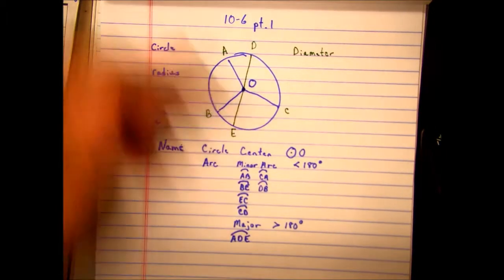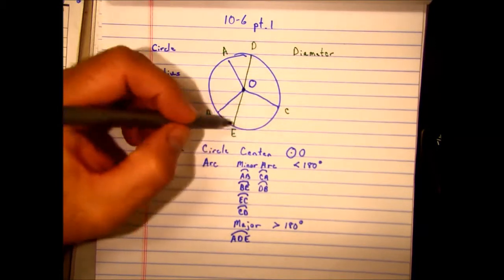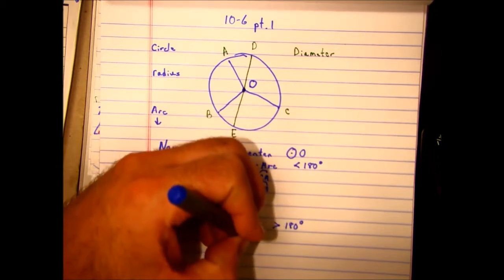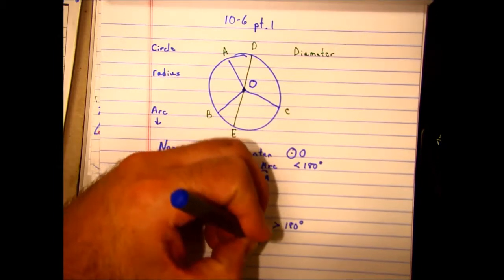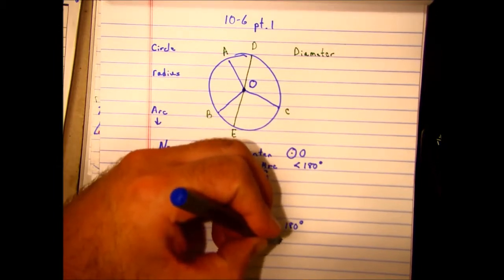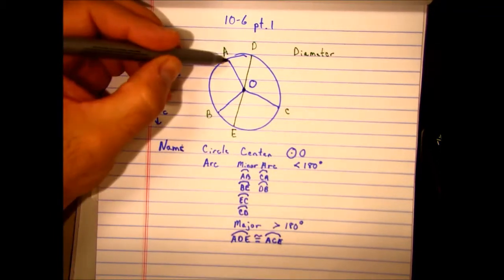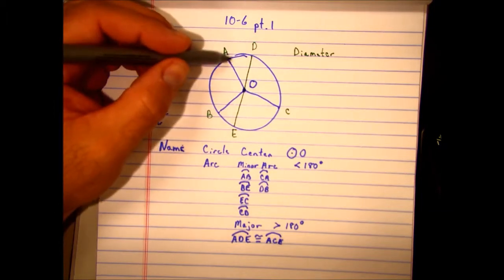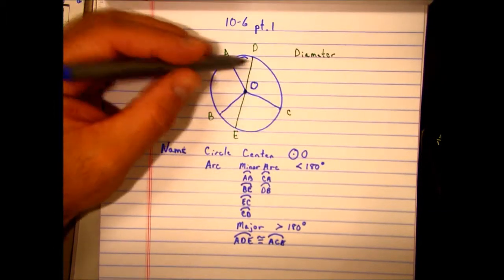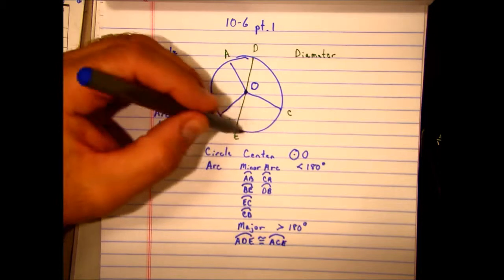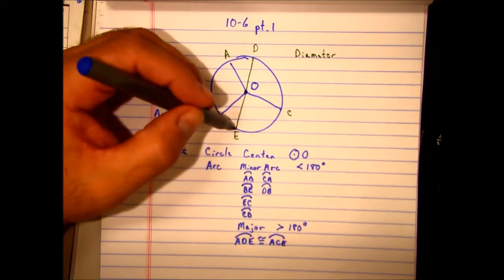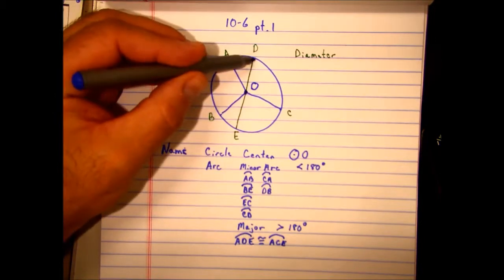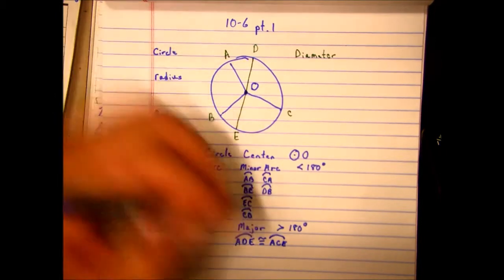It's also telling me I have to go this way, from A to D to E. That is the same arc as ACE. Why? Because it contains the same points. I only need three of them, and I could use any three as long as one's the beginning and one's the end. Let's do another major arc. D, C, B.